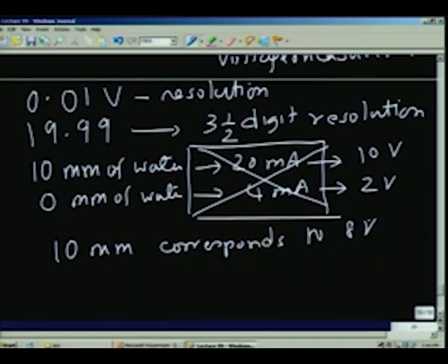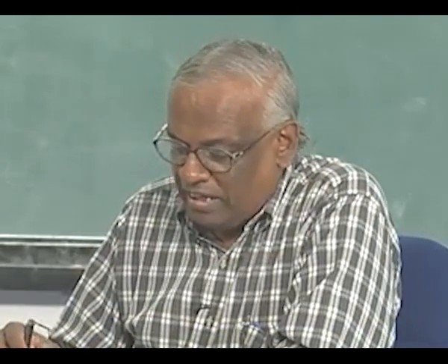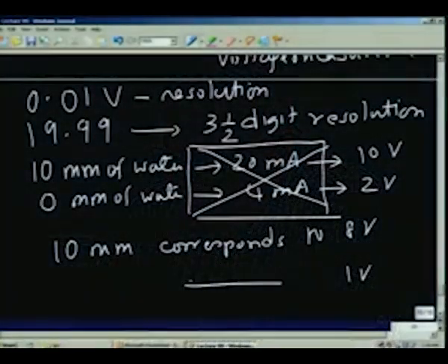I am talking about the difference in values. So, the value is 8 volts will correspond to 10 millimeters, and therefore 1 volt will correspond to, you can find out, 10 by 8 millimeters of water.